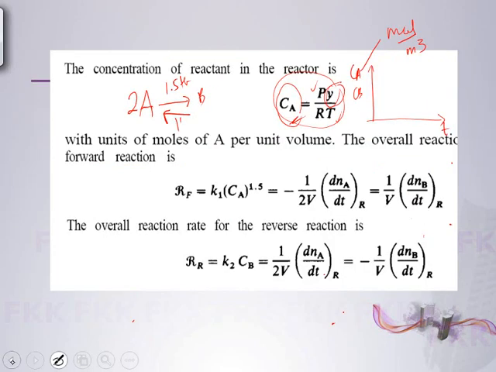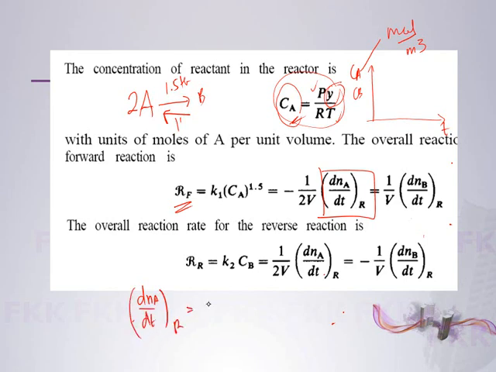Now let's go back. So for the forward reaction, dNA over dt R equals minus 2V K1 CA^1.5, and then your dNA over dt for the reverse reaction.